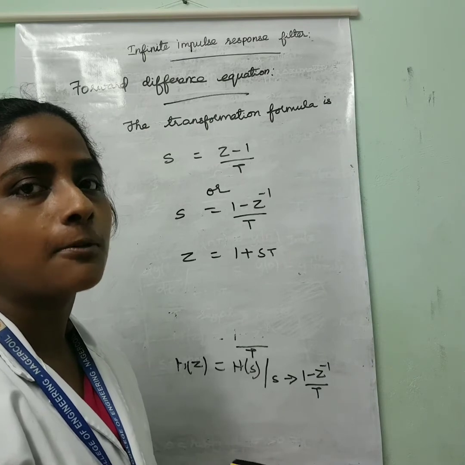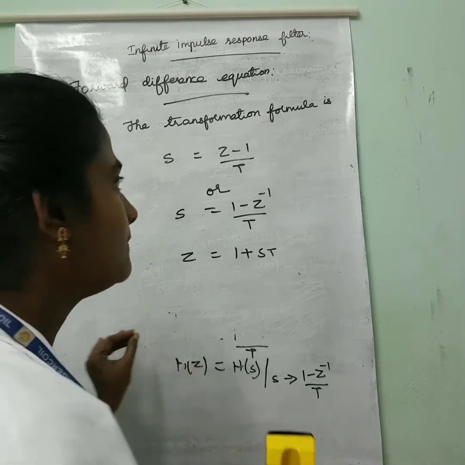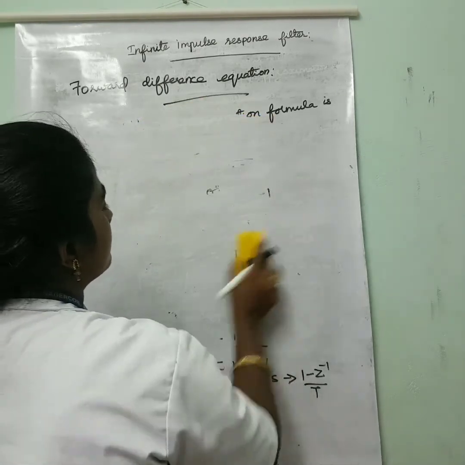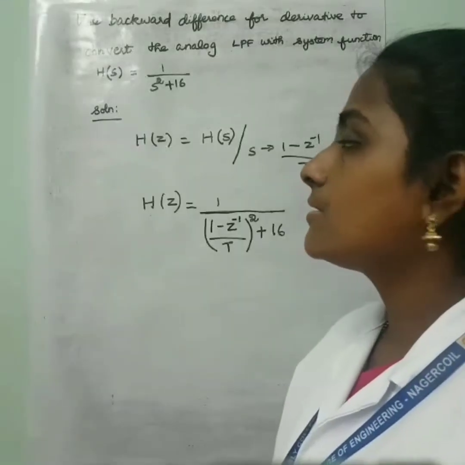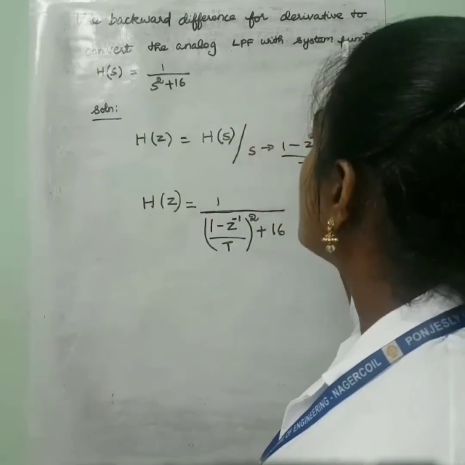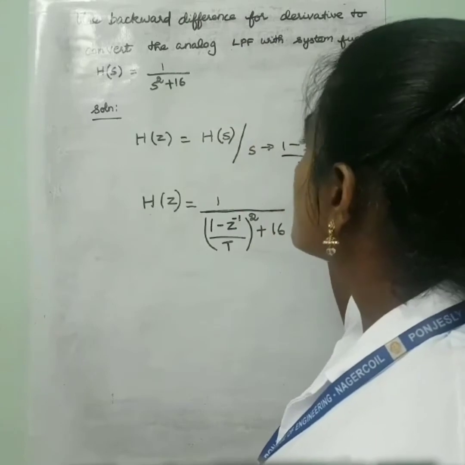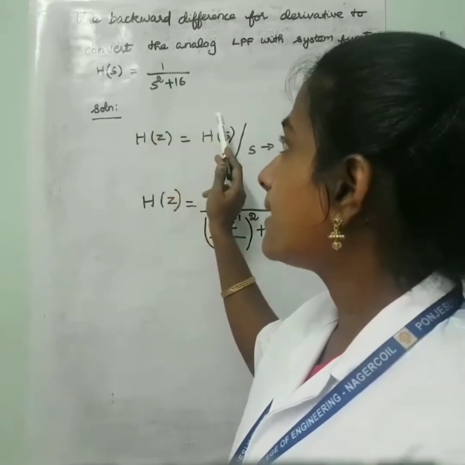We can see one problem under the approximation of derivative method. The question is: use backward difference for derivative to convert the analog low pass filter with system function H of s equal to 1 by s square plus 16.